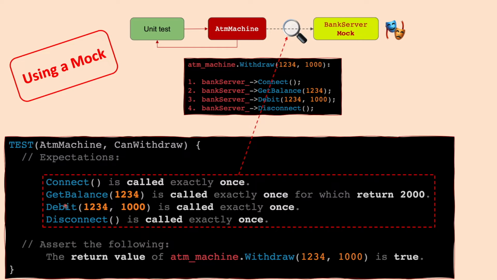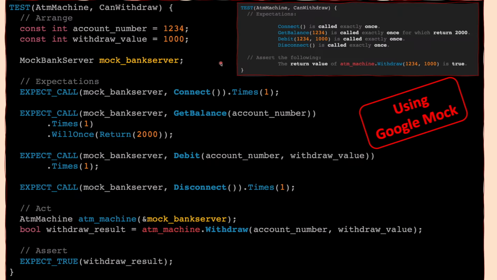Also, it is expected to call the getBalance function with this variable as the account number, which comes from here, and then it has to be called exactly once. And also you can specify, if this happens, return the value of 2000. This allows withdraw with $1,000 to be a success, and finally return true. And similarly, you can specify what should happen for the rest of the functions that you expect to be called. Now let me show you a preview of how this would look like using Google Test.